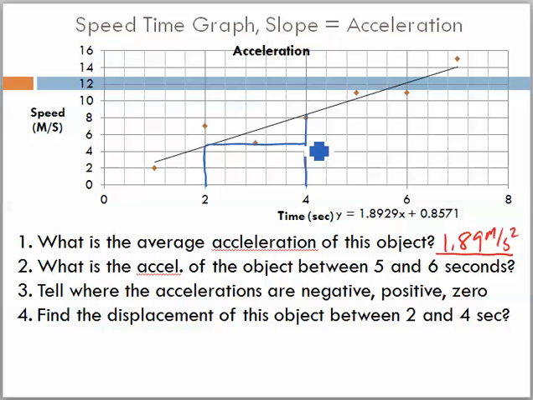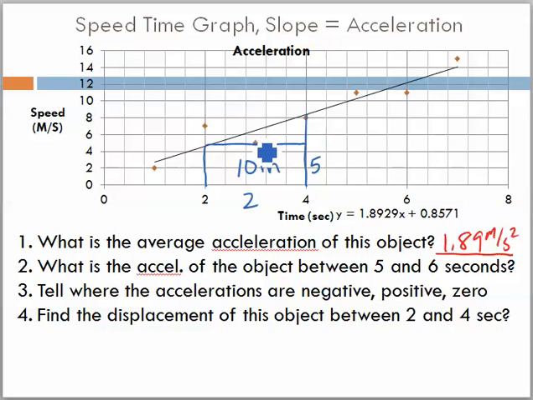We're going to guesstimate here a little bit, but this bottom rectangle has a base of 2, and it goes up to 5, so it has a height of 5. 2 times 5 gives me an area of 10, so that means the displacement here was 10 meters. And then I have this triangle up on top.